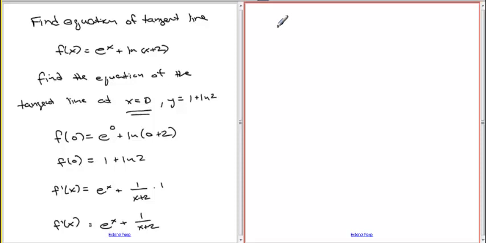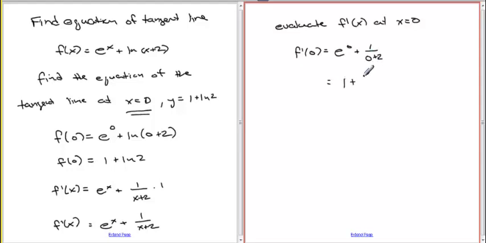So now we evaluate f prime of x at x equals 0, because that's the point that we're dealing with. f prime of 0 is going to be e to the 0 plus 1 over 0 plus 2, which is 1 plus 1/2, which is 3/2.